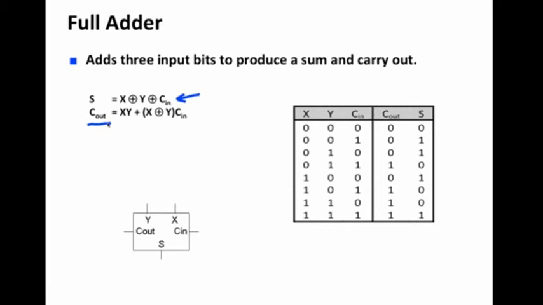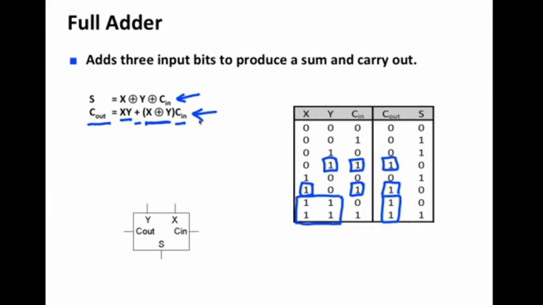The Cout expression is a little more complicated. Cout is 1 whenever X and Y are 1, or when Cin is 1 and exactly one of X or Y is 1. So either X is 1 and Y is 0 with Cin 1, or Y is 1 and X is 0 when Cin is 1. So those are the 4 cases where Cout is 1. So this expression handles Cout.